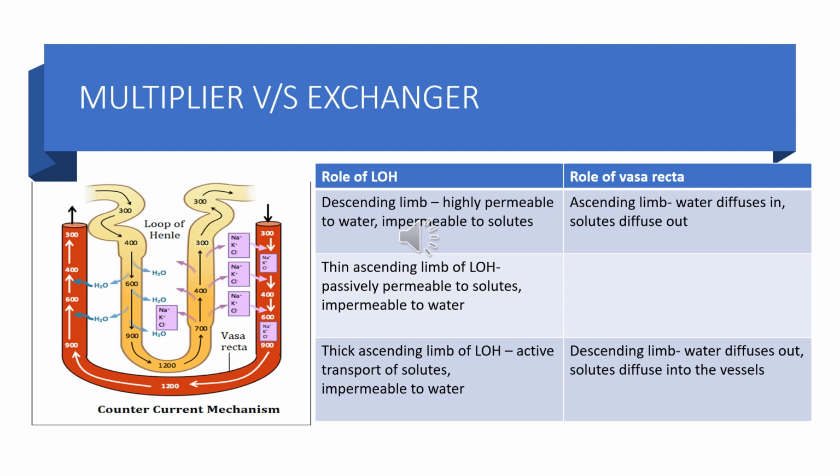And for the solutes, sodium chloride and urea, the water is exchanged. The solutes are exchanged for water between the ascending and descending limbs of vasa recta, and hence this system is called a countercurrent exchanger, and vasa recta acts as the exchanger here.